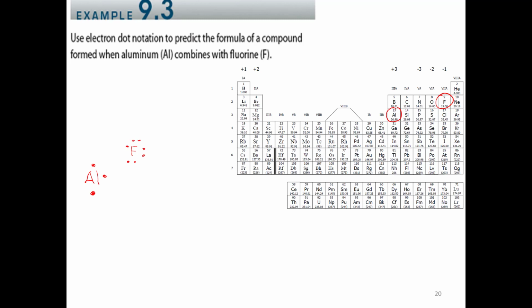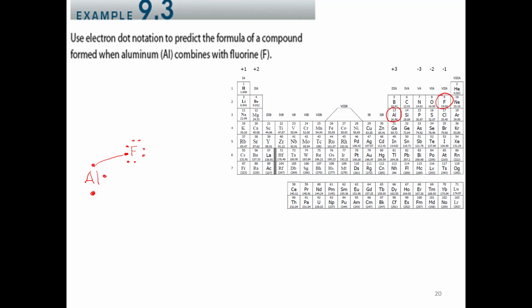Then in order to be stable, aluminum needs to lose 3 electrons, and fluorine needs to gain 1 electron. Let's try to do that. This aluminum transfers 1 electron to fluorine.